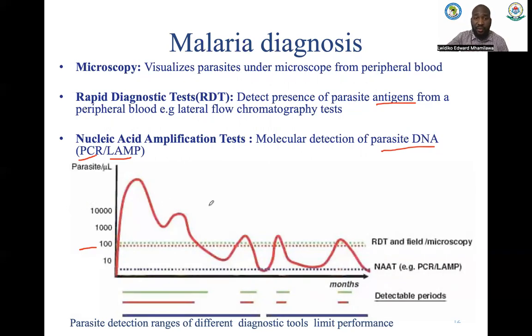But these other ones, which are molecular detection tools, can go as low as 10 or less. Sometimes ultra-sensitive ones can detect even 0.1 parasites per microliter. And these have different utilities when it comes to field testing or clinical use of these tests.